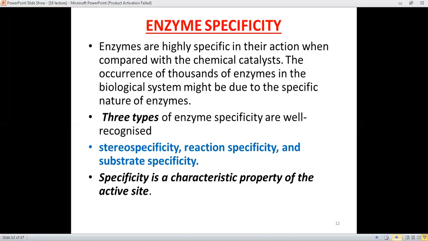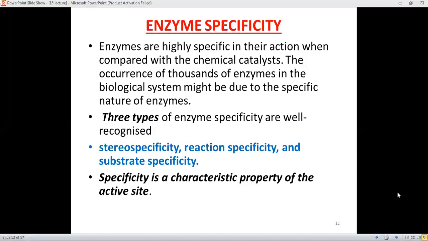It means that enzyme specificity is very high, and many enzymes are available in the metabolic system to cause catalysis. Three types of enzyme specificity are well recognized: stereospecificity, reaction specificity, and substrate specificity. Specificity overall is the characteristic property of the active site.